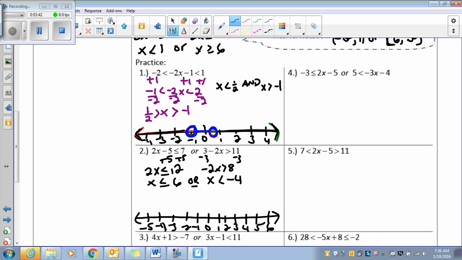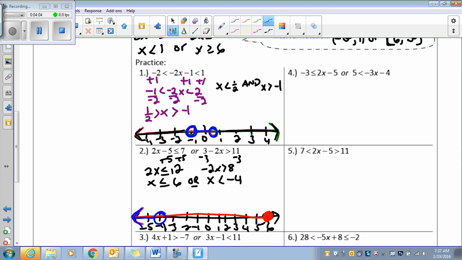Alright, so we have x is less than or equal to 6. So we have a closed circle at 6. Or x is less than -4. So we'll have an open circle at -4 going here.